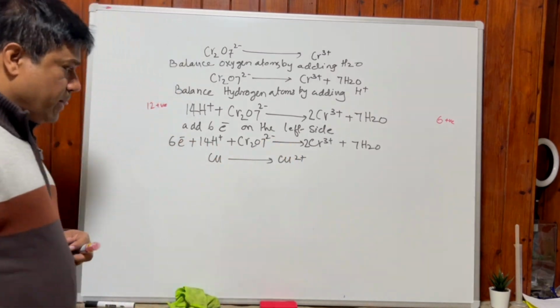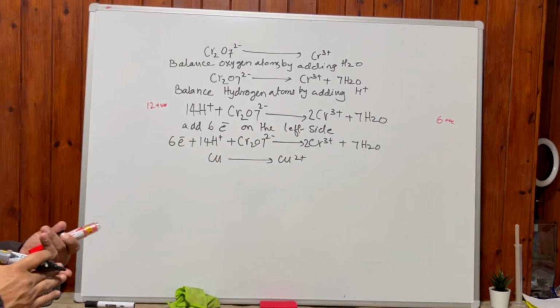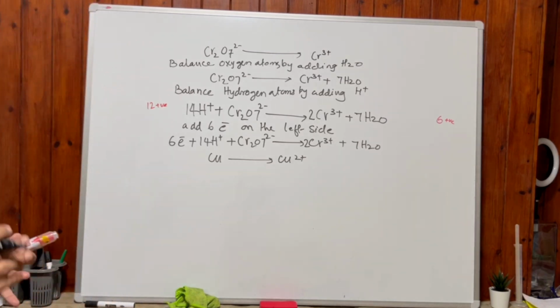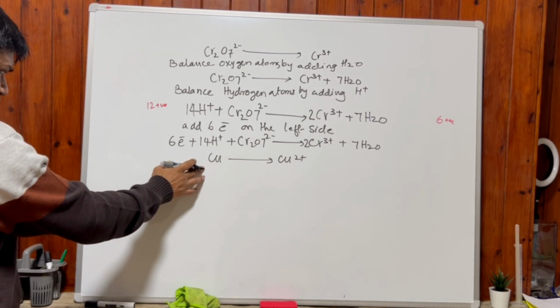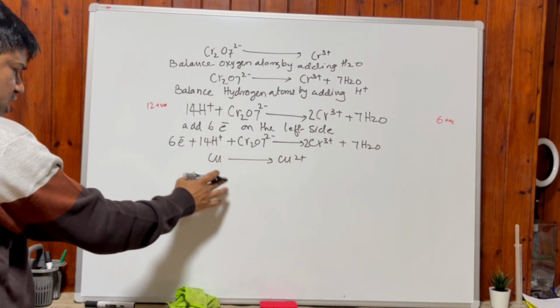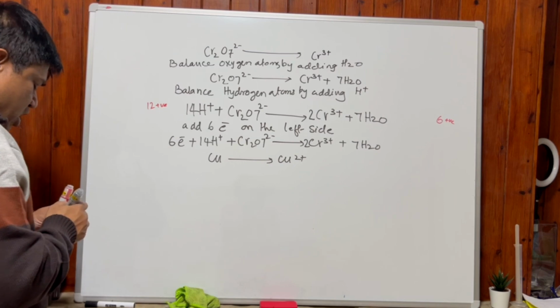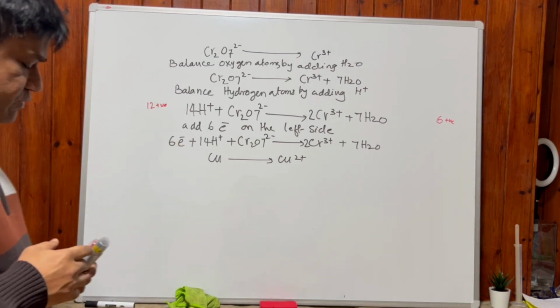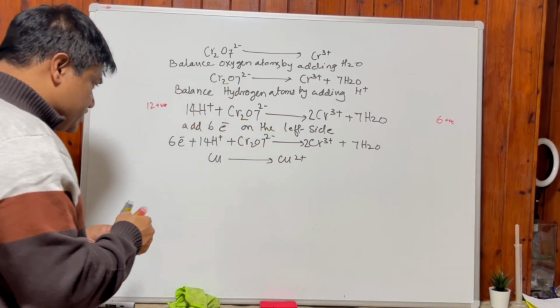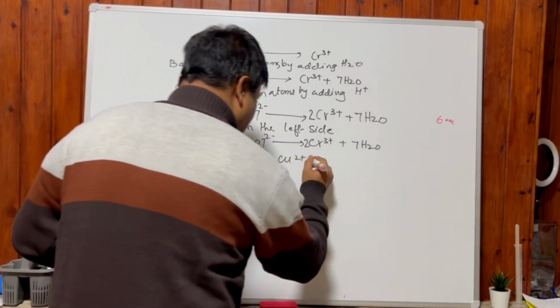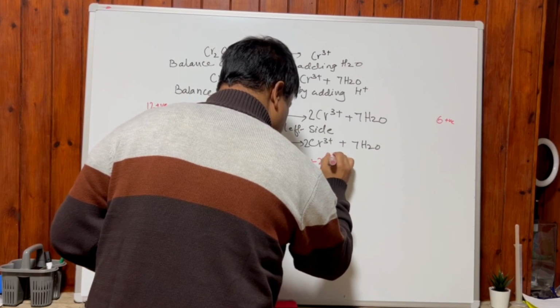No oxygen, so we don't need to balance oxygen or hydrogen. Only the charges. 0 charge and 2 positive charge. How can we neutralize the positive charge? By adding electrons on the right side. Just add 2 electrons.